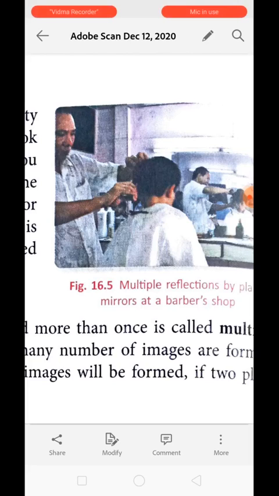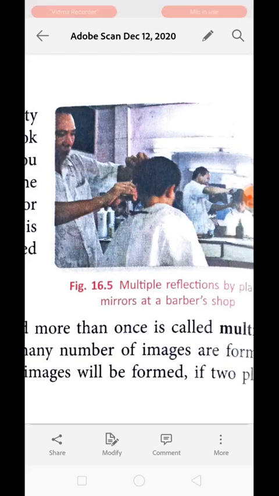This is how multiple reflection takes place. When using two mirrors we get more than one reflection of a single object. The phenomenon of a ray of light getting reflected more than one time is known as multiple reflection.